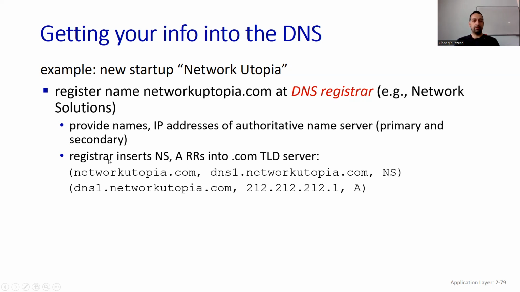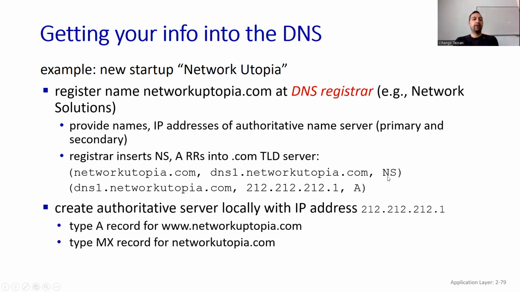So this NS record says that this authoritative server has the record. Also here, you put the IP address. As you can see, the record type is A in this case, and NS for the other. So create an authoritative server locally with the IP address, a type A record for this web page, and a type MX record for this, okay?